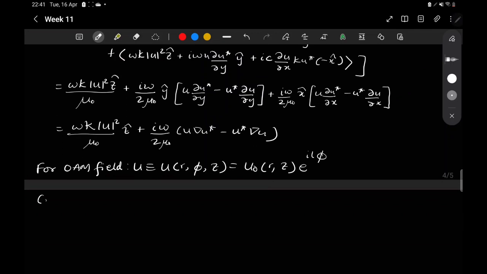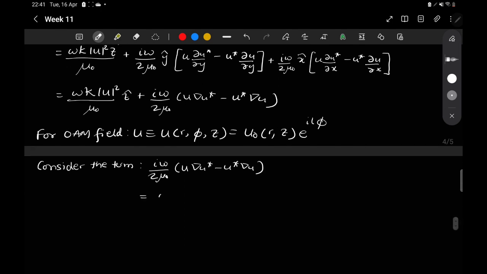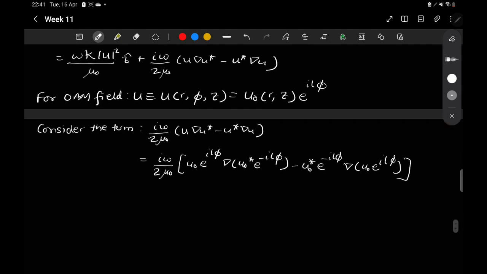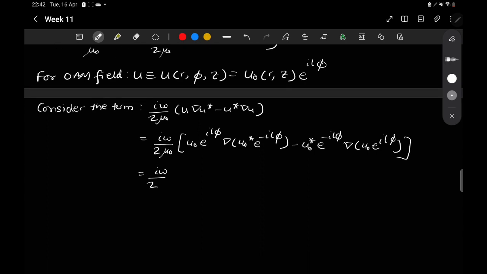Now let us consider this term. Now let us do this gradient operation.